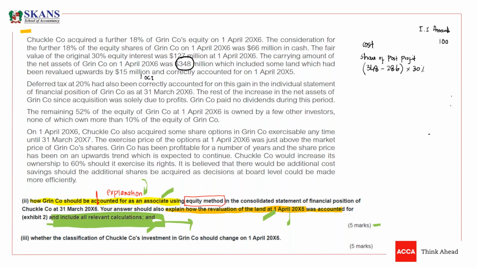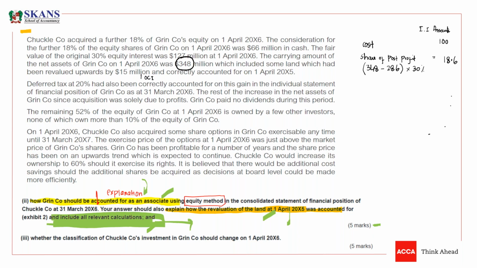So what would be the share of post-tax profits, guys? 348 are the net assets now. At the time of acquisition of associate, it was 286. So our share is 18.6.